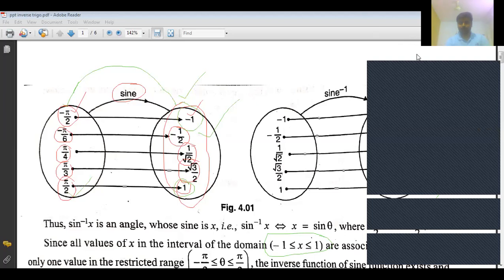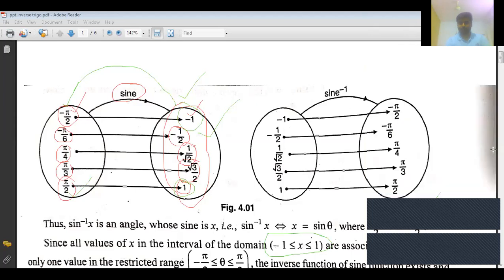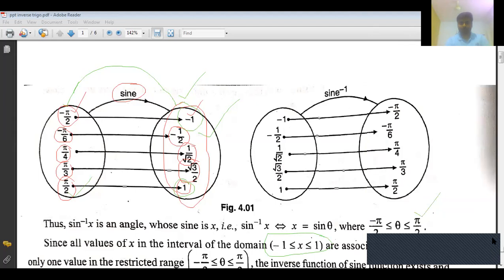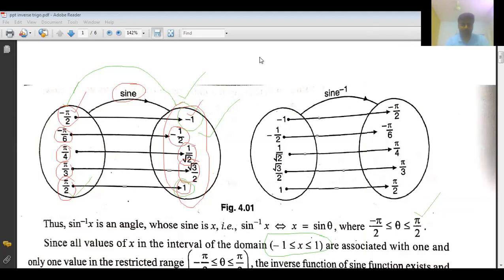Clear? Now just observe sine inverse there. If you take sine inverse, it will be the reverse.